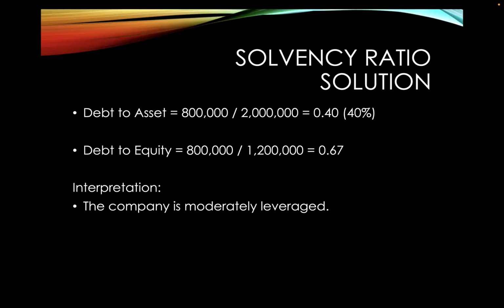Okay, so debt to asset, we have 800,000 total debt over 2 million, which is your total assets.